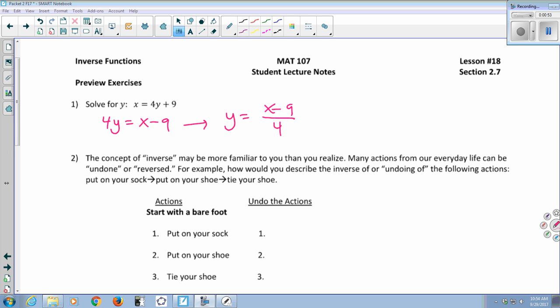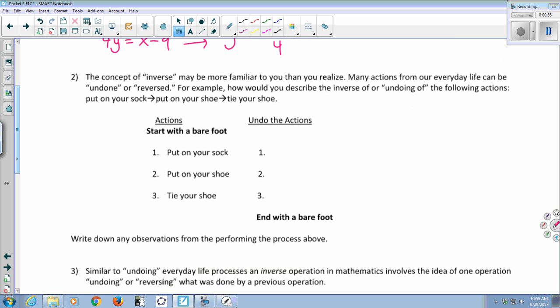To undo that action, you need to reverse the steps that you did them, right? So first you put on your sock, second you put on your shoe, third you tie your shoe. To undo those actions, the first thing you have to do is untie your shoe, right? The last thing you did in the action is the first thing you have to undo.